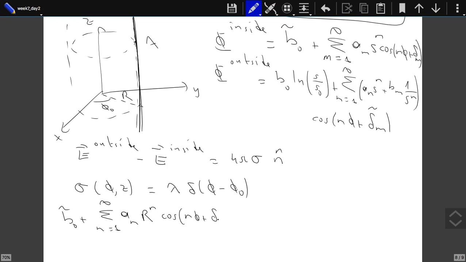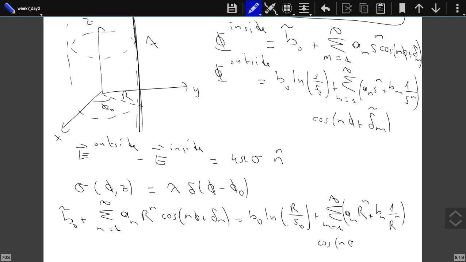This should be equal to B0 logarithm of r over S0 plus m is equal to 1 to infinity am r to the power m plus bm 1 over r to the m times cosine m phi plus delta m tilde.